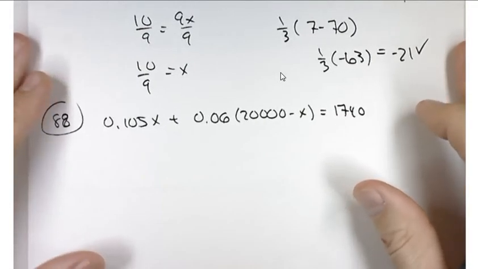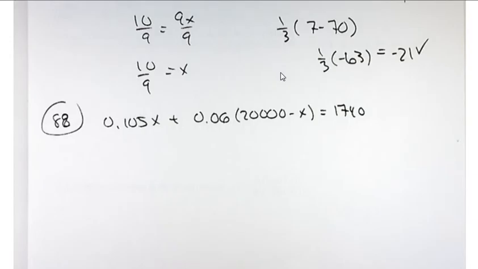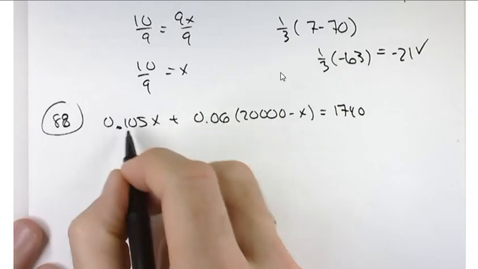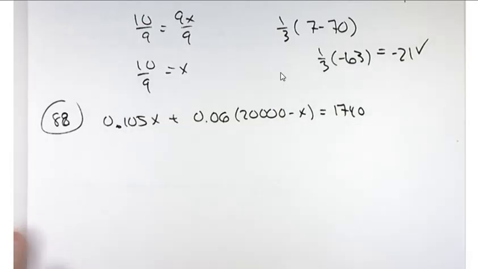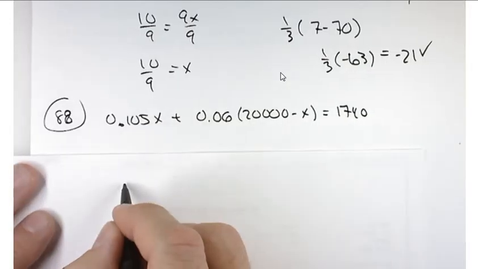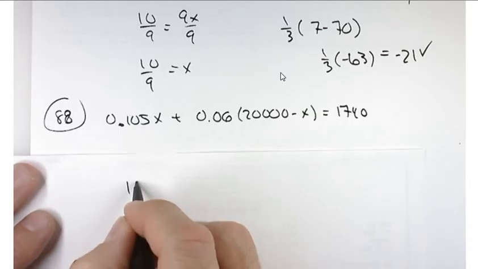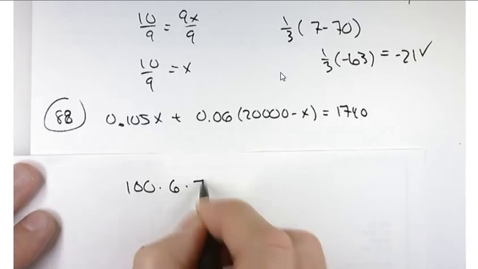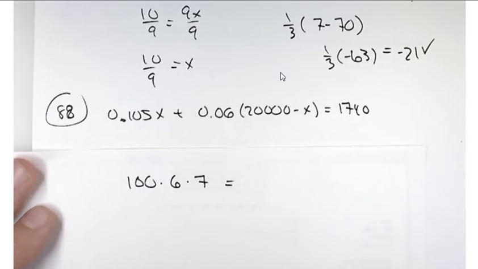A couple of different ways we could work this one. But the one thing that's troubling is you've got all these decimals. Before I work on this one, let me show you something about multiplication. If I have 100 times 6 times 7, which way is correct to multiply this out?